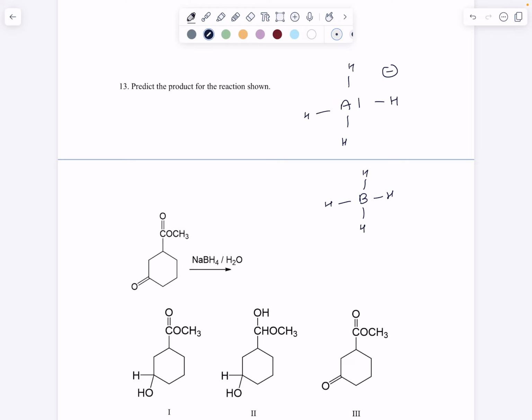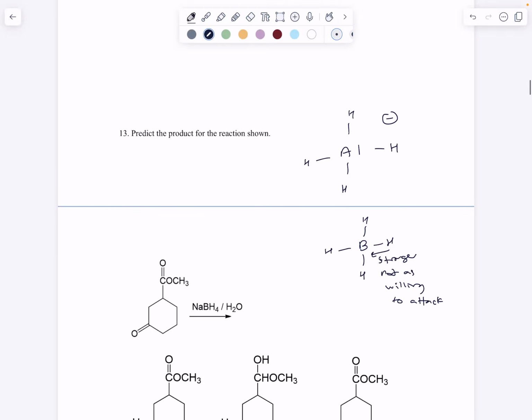And because the boron bond onto the hydrogen is stronger, it's more electronegative, it's not as willing to attack as the LAH. So it only can be attracted to the most reactive.